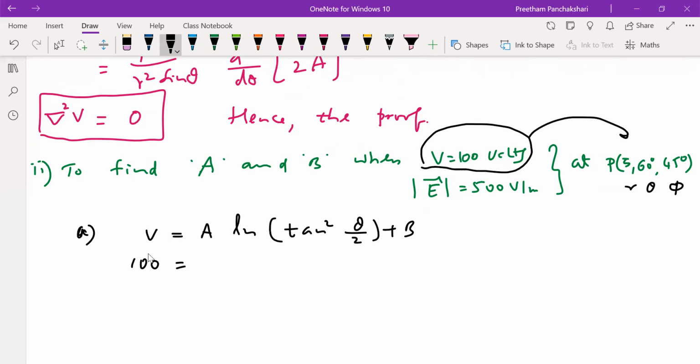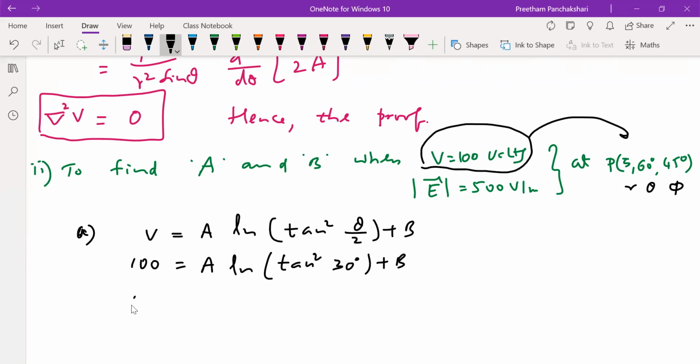Before using this value of 100, we have to substitute this value of point P into this equation. So that is A ln of tan square theta. What is the theta value? 60 degrees divided by 2 becomes 30 degrees, plus B.